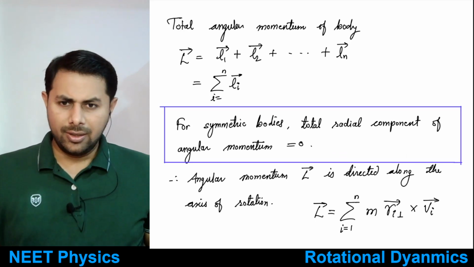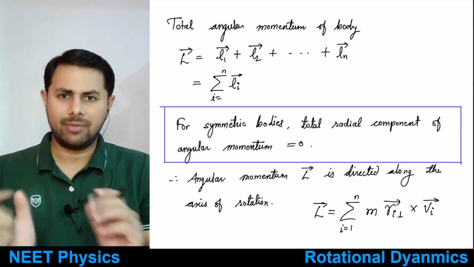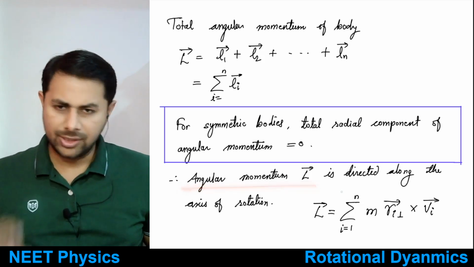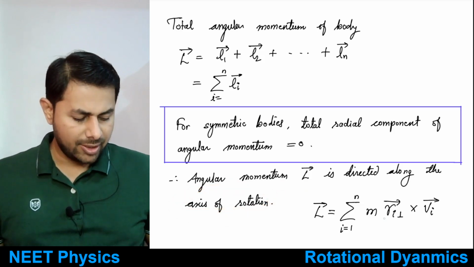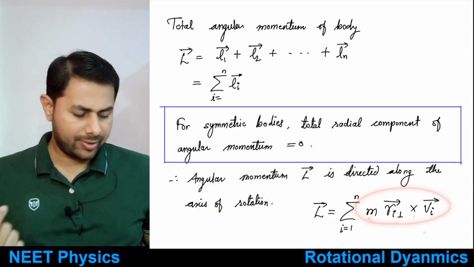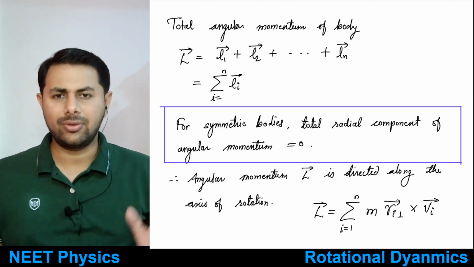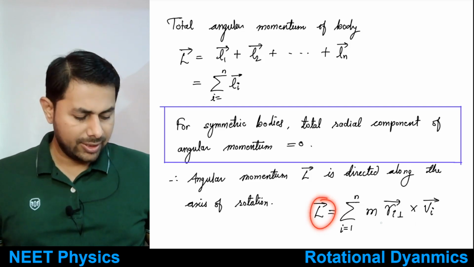Okay. So then, suppose a body is symmetric about the axis of rotation, then the angular momentum of the body is directed just along the axis of rotation, and that means we just need to take the axial component of angular momentum and add it up to get the total angular momentum of the body. So what is the axial component?